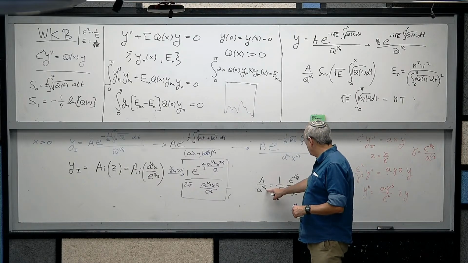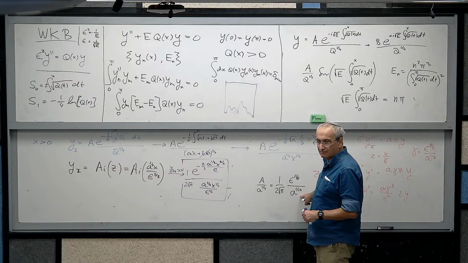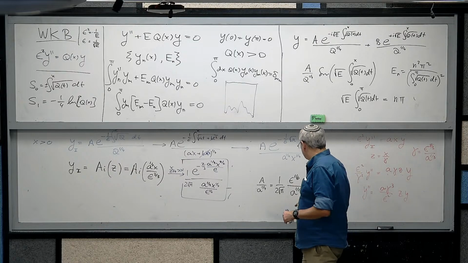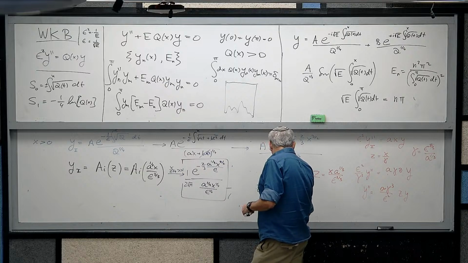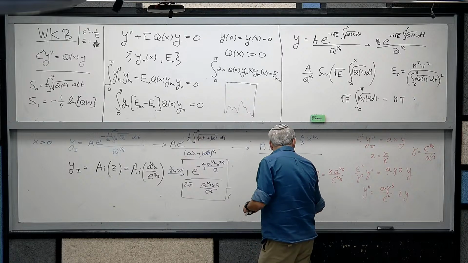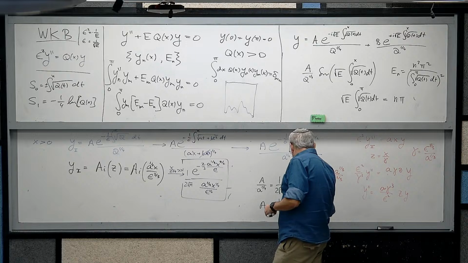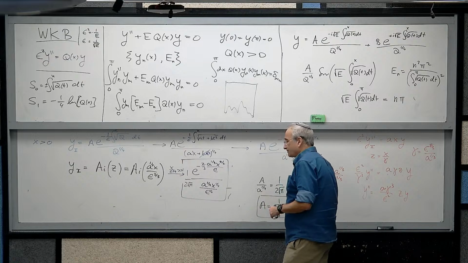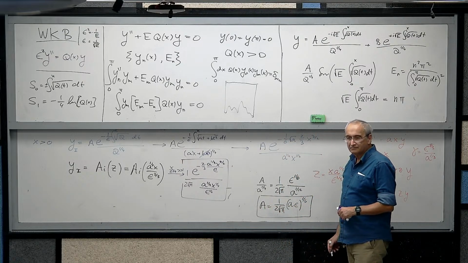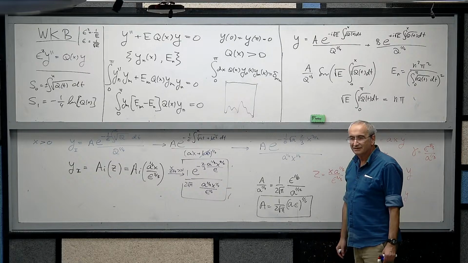Now, a to the 1/4 divided by a to the 1/12 is a to the 1/6. And therefore, a is equal to 1/2 square root of pi times epsilon to the 1/6. Yes. I wanted to save time, and you see the result.